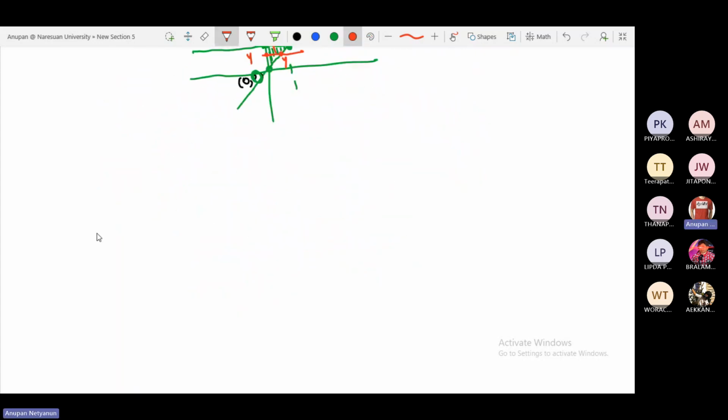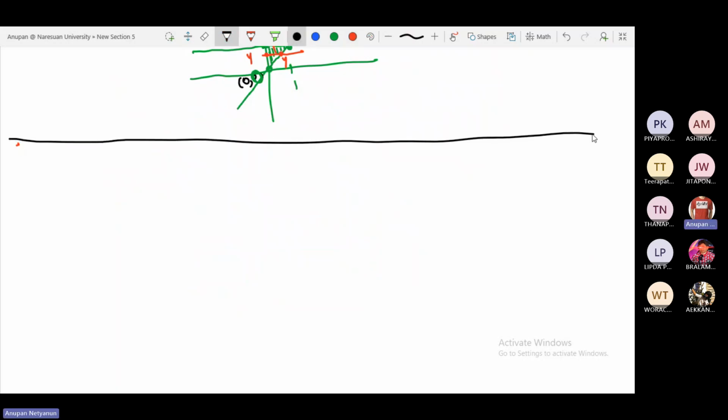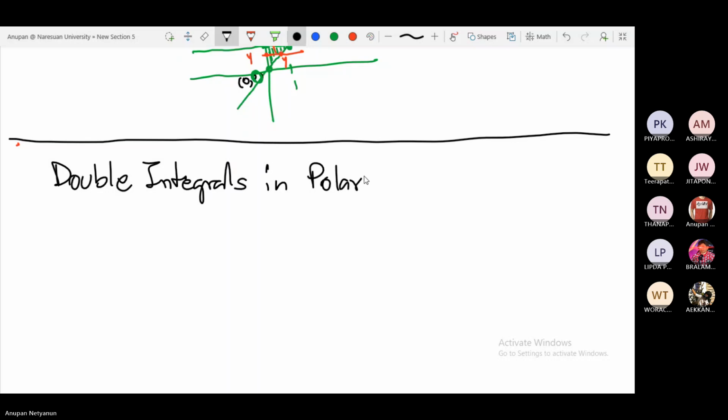Let me talk about another topic, which is double integral in polar coordinates.